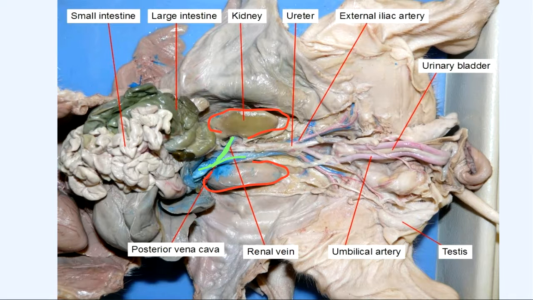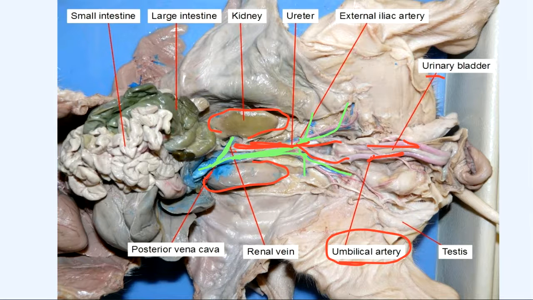You have some iliac veins, but don't worry about those. And you have the aorta. I'm going to color it in red here. And it's splitting here, right? And here you have the umbilical arteries, right?